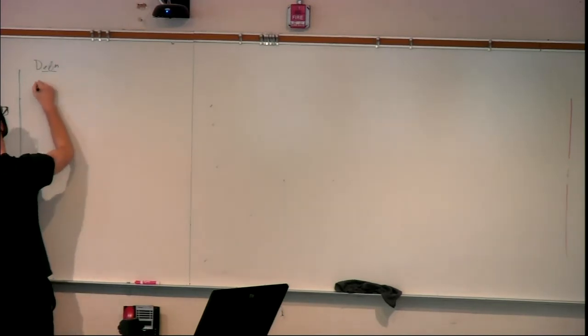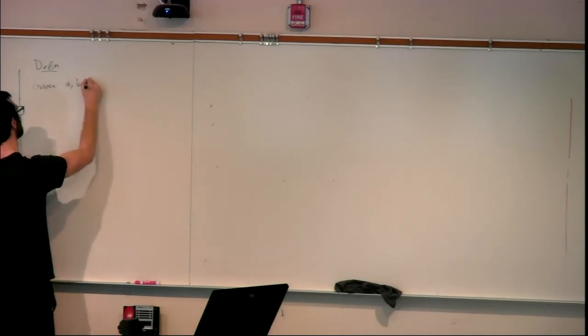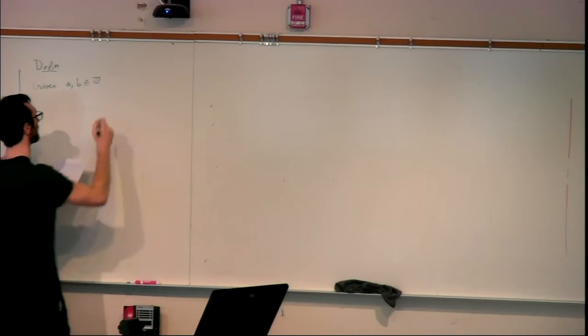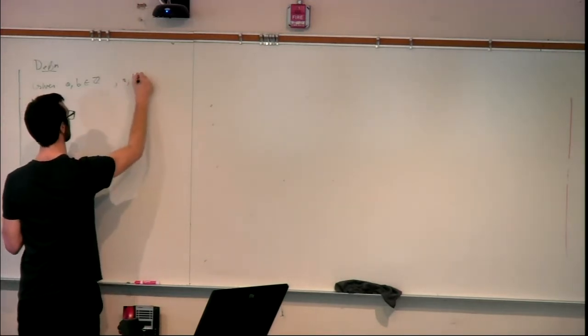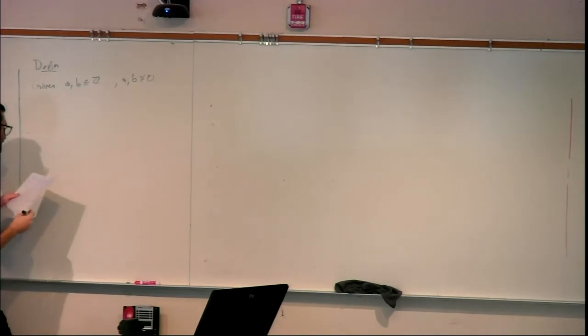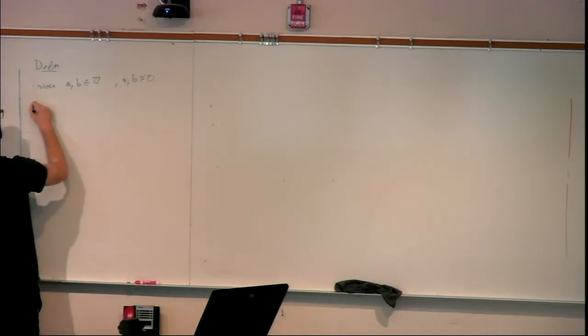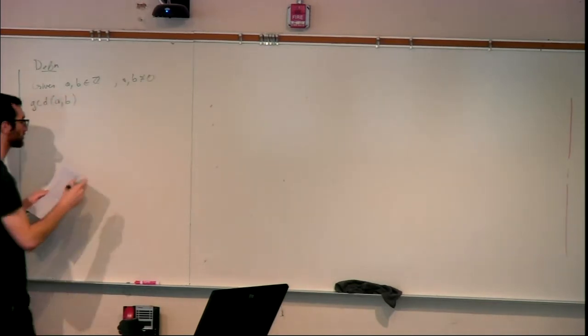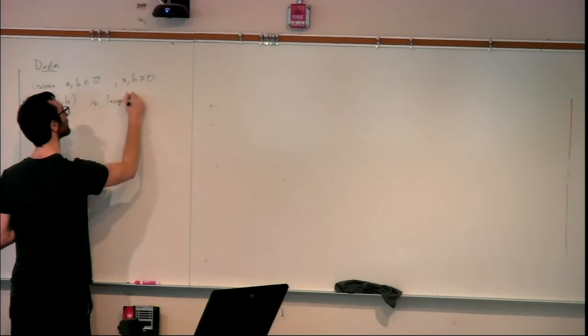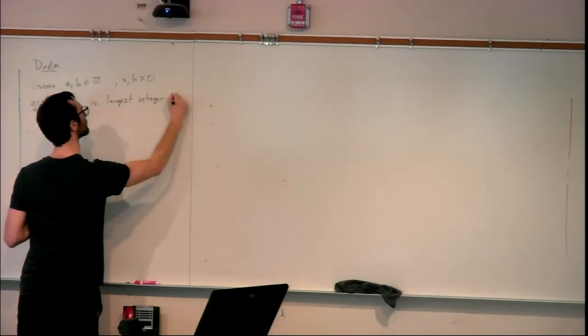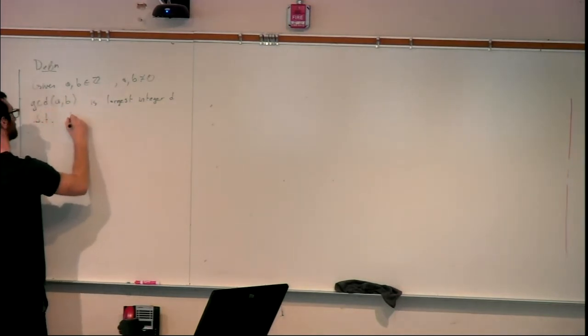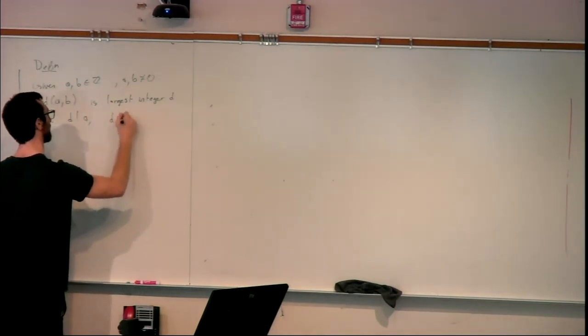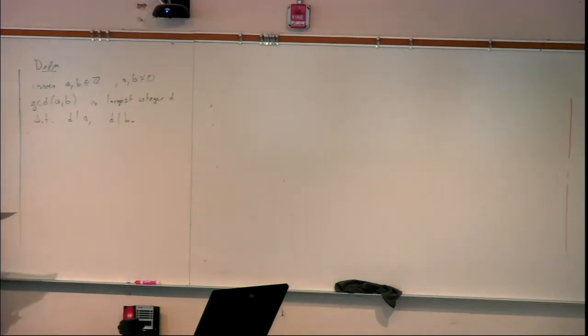So given A and B integers, and let's for the moment say A and B are not equal to 0, then the GCD of the pair A and B is going to be the largest integer D such that D divides A and D divides B. Okay?